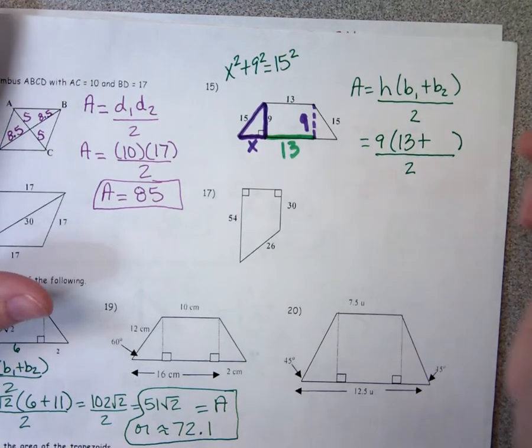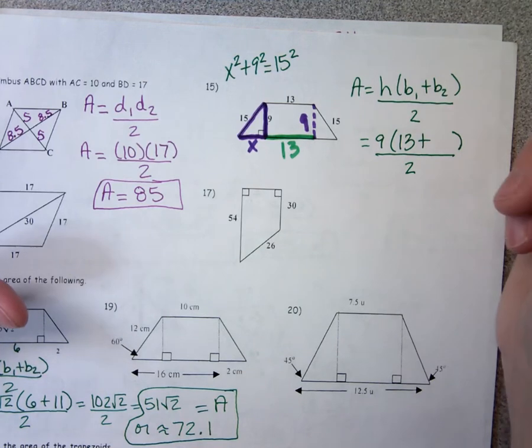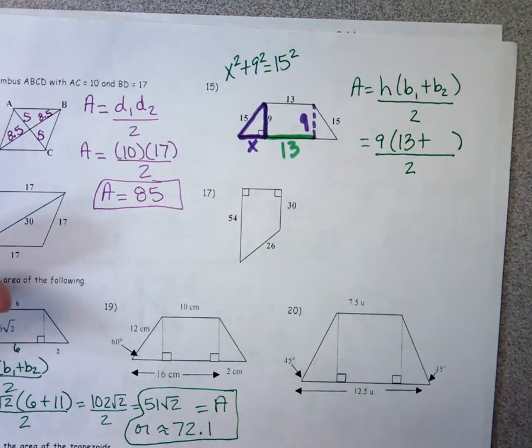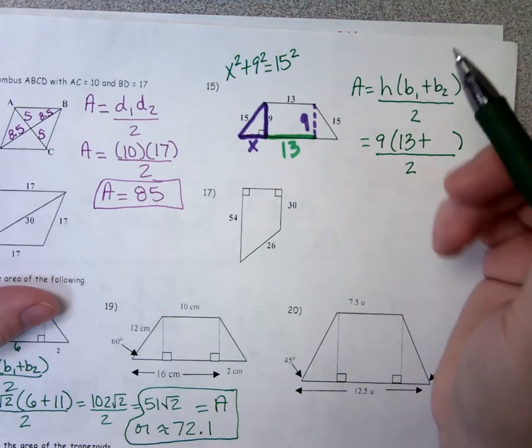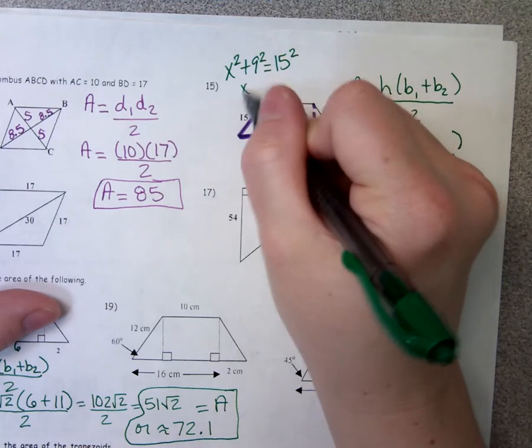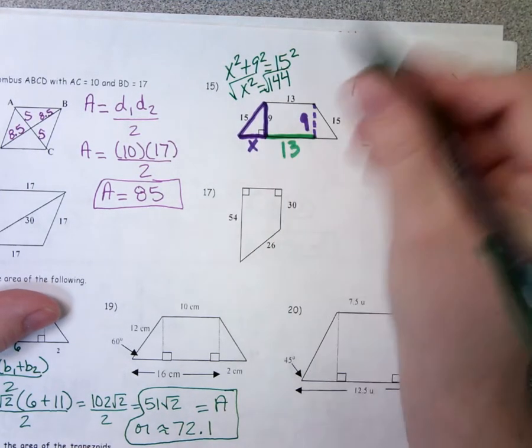Take a moment and figure out what you get for just x. You get 12. When you subtract the 9 squared, you get 144. And then when you square root both sides, you do get 12.